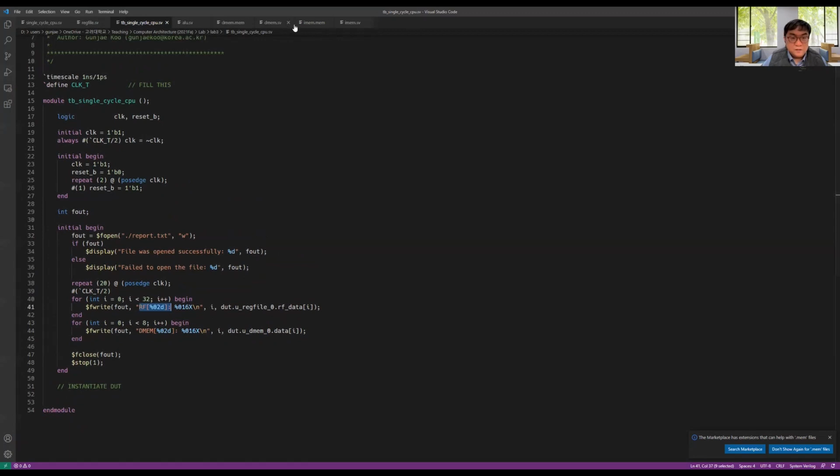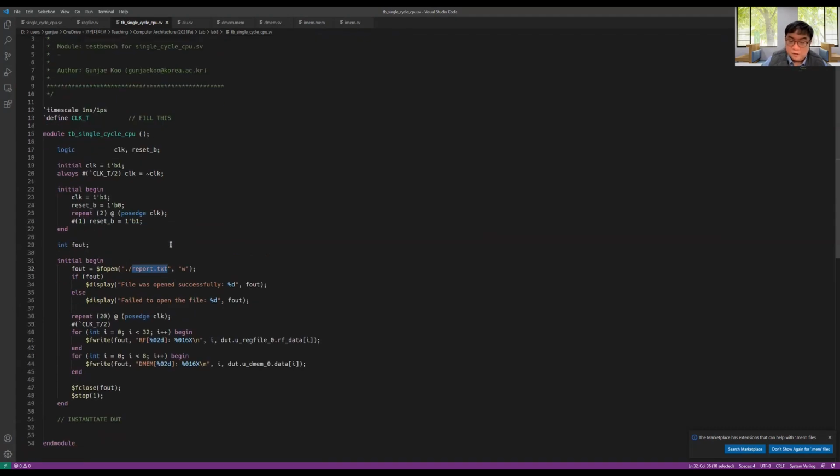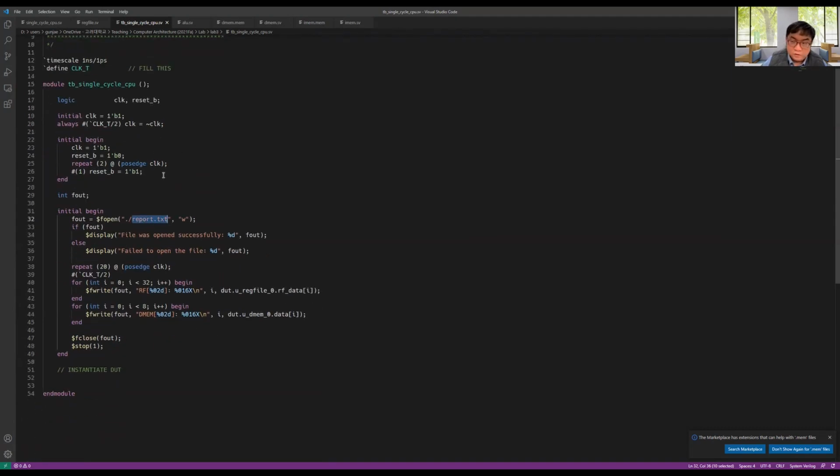If these instructions in instruction memory are executed, then the data of register file and data memory will be changed. So we will check this report.txt file to check the correctness of your design. You need to also submit this report.txt with your SystemVerilog modules.